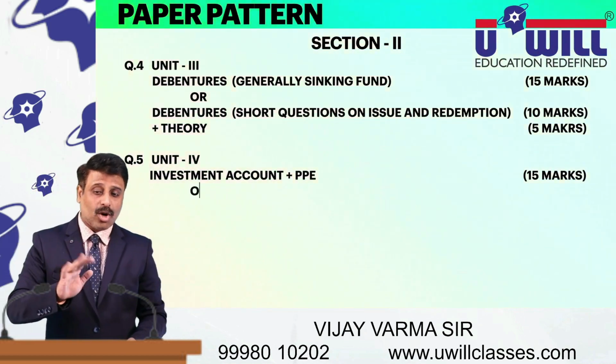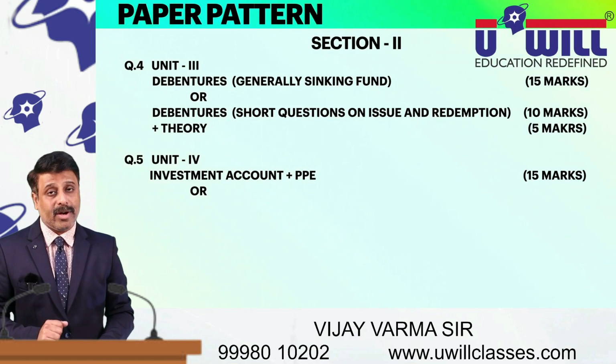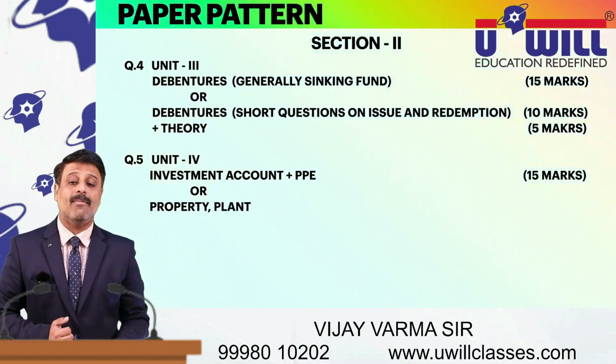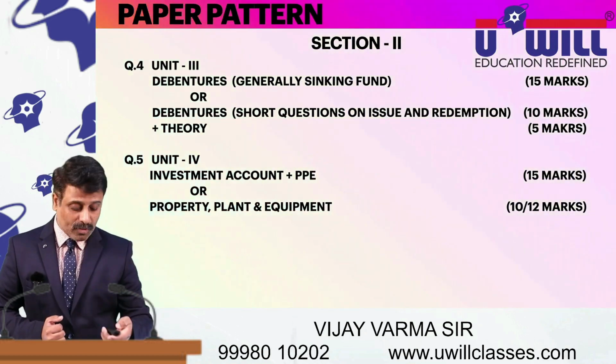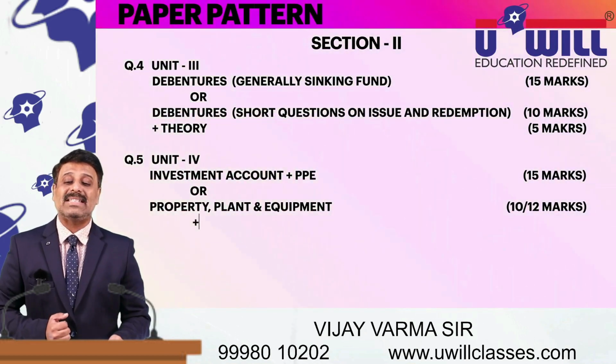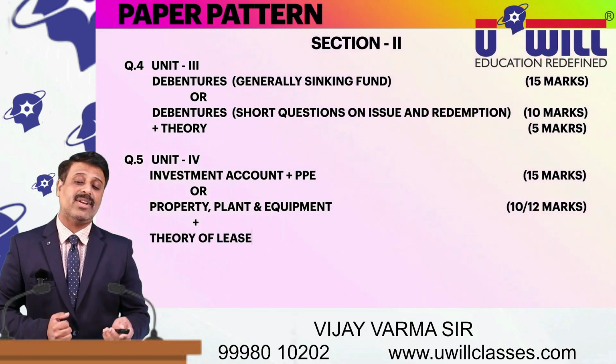So I suggest not to leave any chapter in option, particularly in unit 4, because you'll have to take a risk of 5 marks then maybe. And in option, generally you have a property, plant and equipment question of 10 or 12 marks combined with some theory of lease accounting of 3 marks.